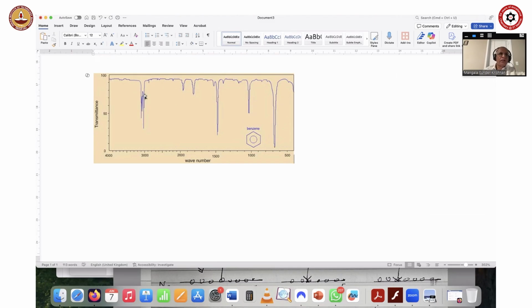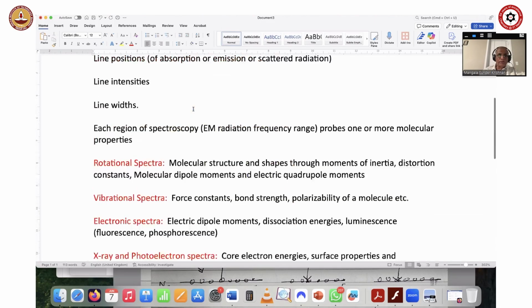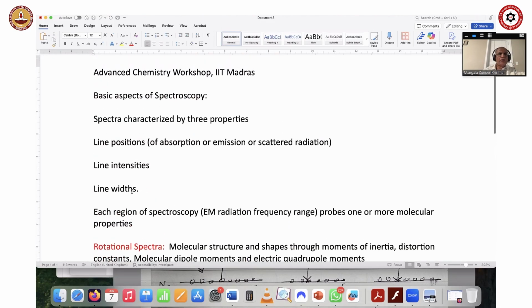The line positions, of course, give you specific transitions corresponding to the change in energy level from the lower energy to the higher energy, and the difference is this particular frequency. What is the third one? The third one is the line width. This is an extremely important phenomenon.